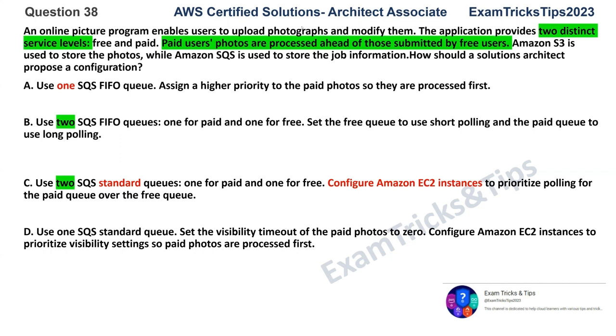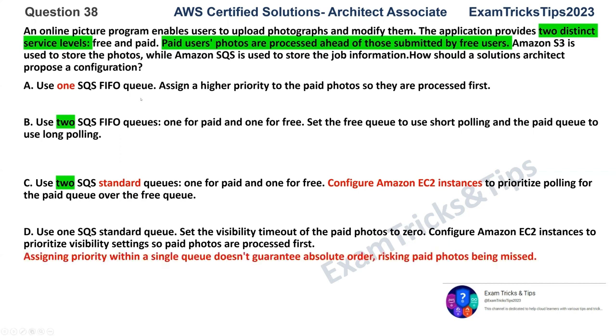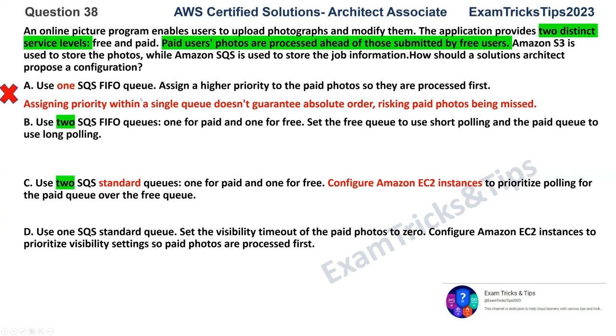And the same goes for option D. If you see option D, it says use one SQS standard queue, set the visibility timeout of the paid photos to 0, and configure Amazon EC2 instances to prioritize visibility settings so paid photos are processed first. This option is also not going to work. Option D is wrong. A 0 visibility timeout leads to immediate redelivery of messages upon failure.